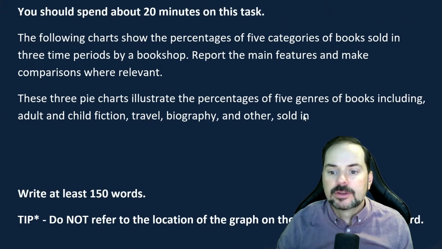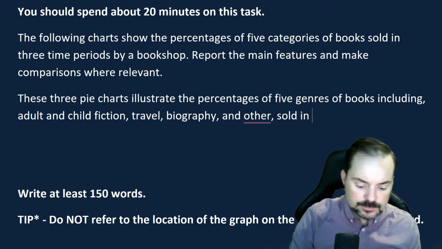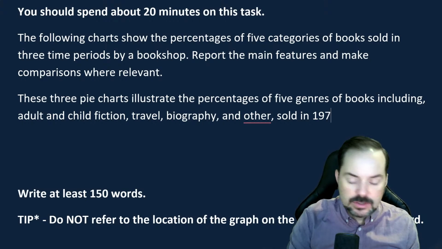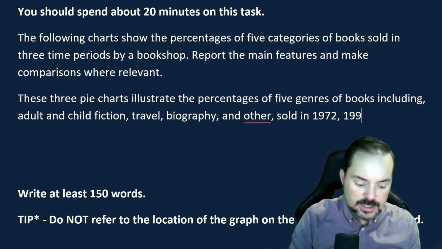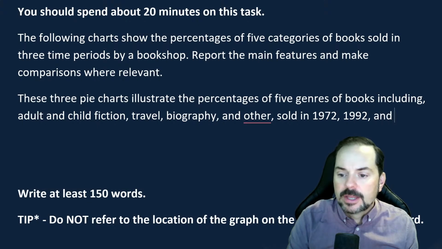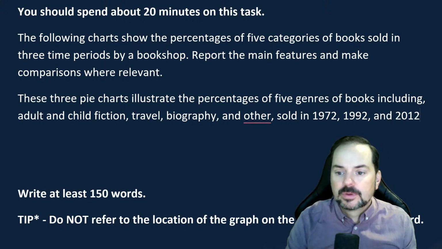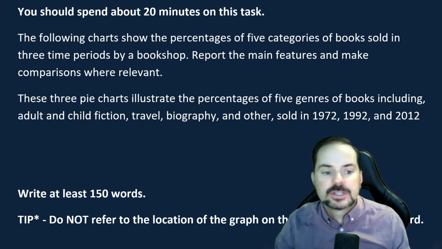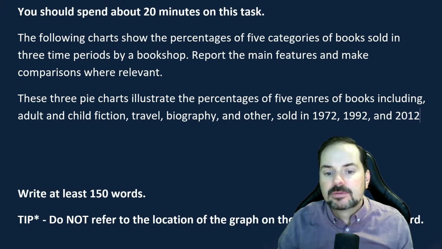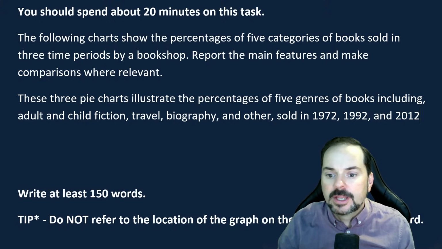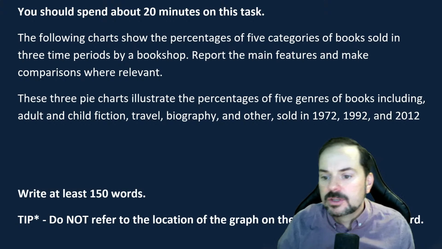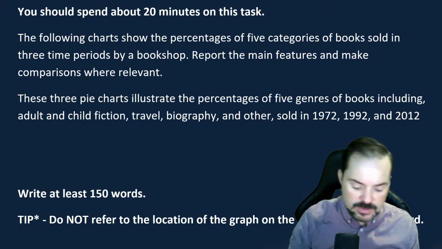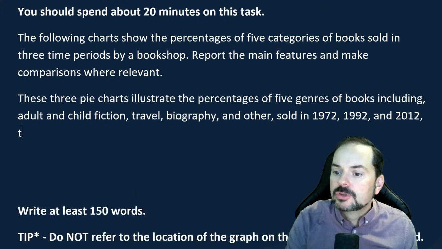So, and other, sold in 1972, 1992, and 2012. Okay. So these 3 pie charts illustrate the percentages of 5 genres of books, including adult and child fiction, travel, biography, and other, sold in 1972, 1992, and 2012, in 2-decade intervals.